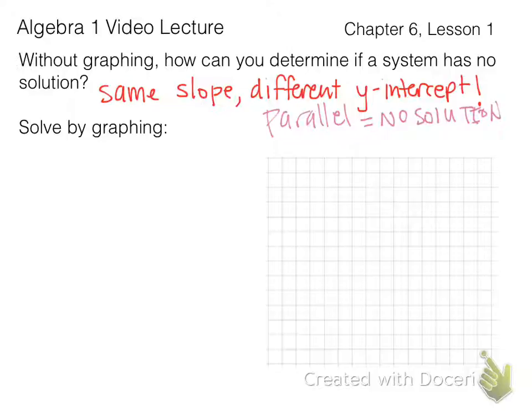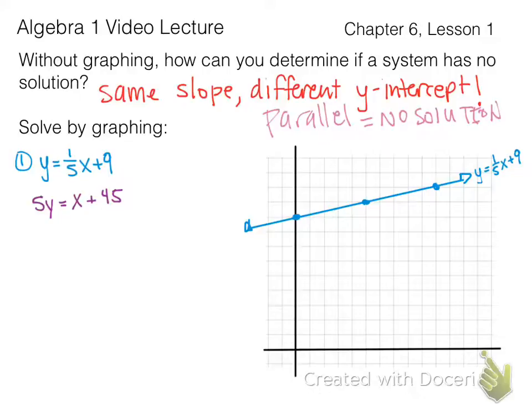Okay, now let's look at one more situation. And that is the line y equals 1/5 x plus 9. And we also have 5y equals x plus 45. I grabbed the first line because it's already in slope-intercept form, and I labeled it. But we need to put the purple line, which is the bottom one, into y equals mx plus b format.